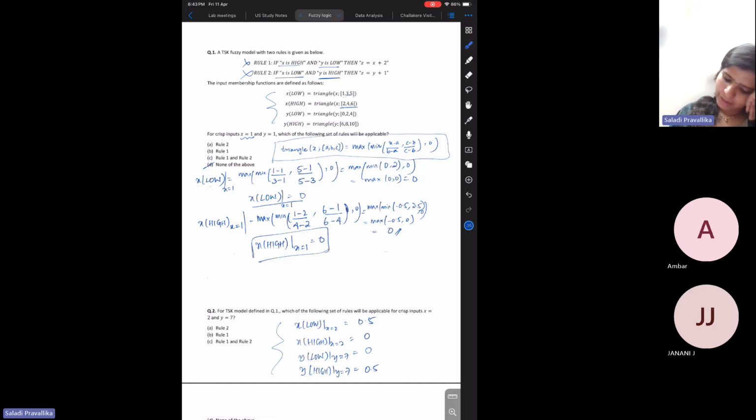Now you require Y low and Y high as well. Please find Y low and Y high. X low and X high are 0. For this question, please find these and let me know what's the answer.